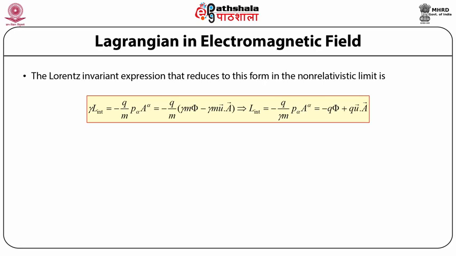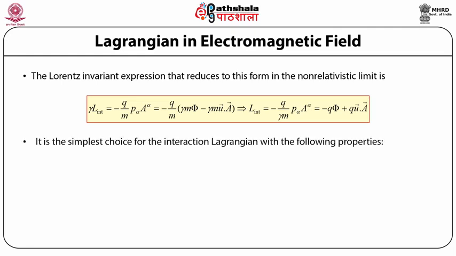Thus, L_int equals minus q by (gamma m) p_alpha A^alpha equals minus q phi plus q u dot A. This choice of interaction Lagrangian reduces to the correct static limit.